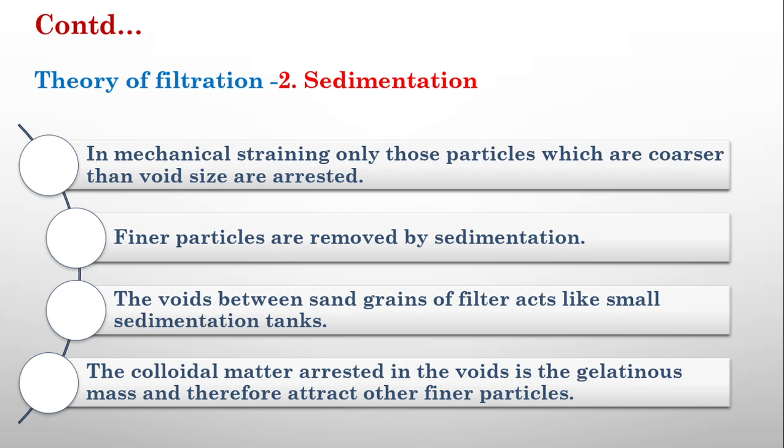When the size of the materials is very small, very fine, then sedimentation of the material may sometimes occur. That type of material will sediment. The colloidal matter arrested in the voids is a gelatinous mass and therefore attracts other finer particles too. That can be termed sedimentation.